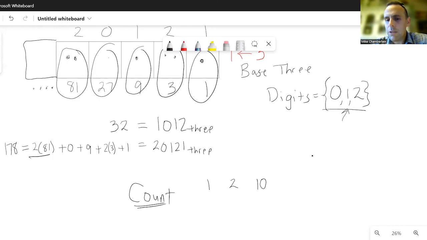So in this count, it would sound something like this: 1, 2, 1, 0, 1, 1, 1, 2, 2, 0, 2, 1, 2, 2. It's tempting to put 3, 0. Remember, there's no 3. So you have to move over a place value, 1, 0, 0. And then it would continue.